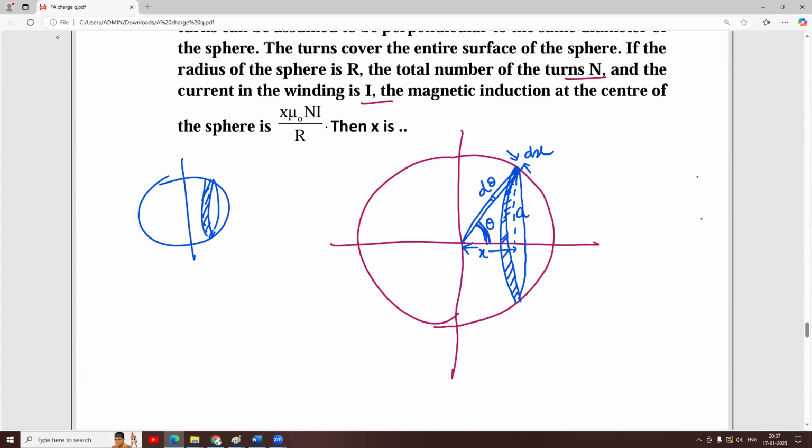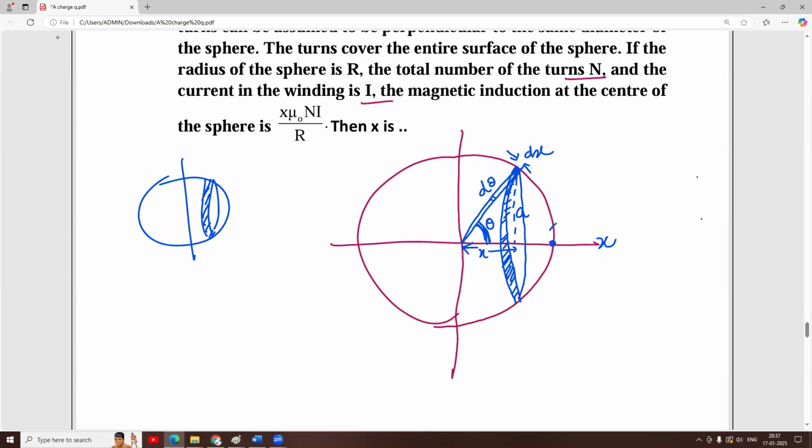So the thickness dx, which I have taken for this coil, subtends an angle d theta at the center, and the edge of this circle is making an angle theta with the x-axis. Now, how many turns will be present in this piece of the coil? That's what you have to find out.